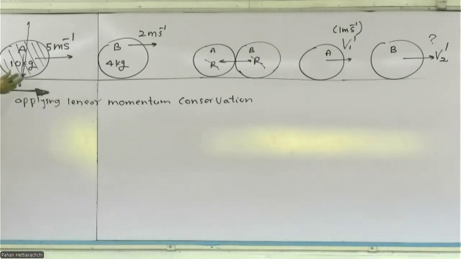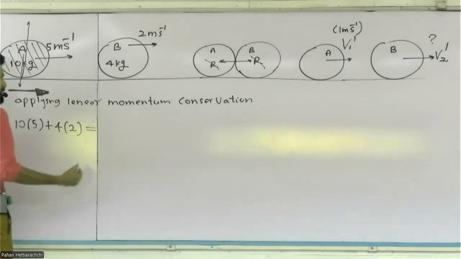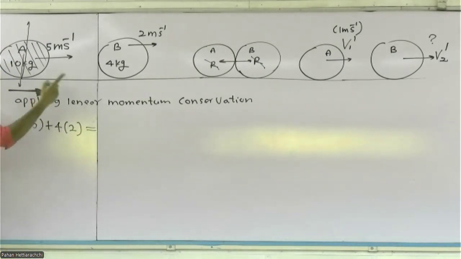So I have to consider the initial momentums. Mass 10, velocity 5. Mass 4, velocity 2. As the momentum is conserved, these two values should be equal to the final momentums.